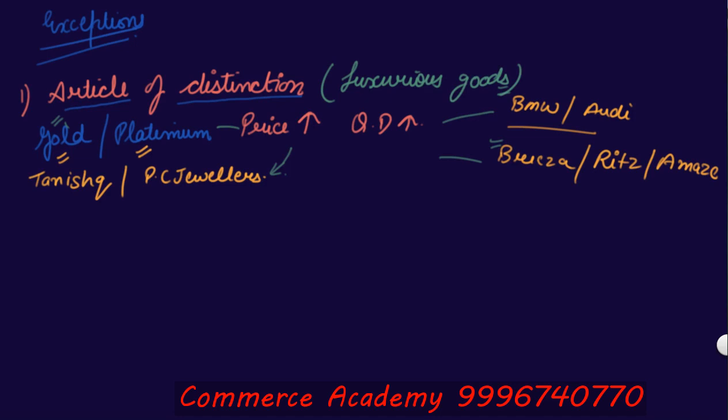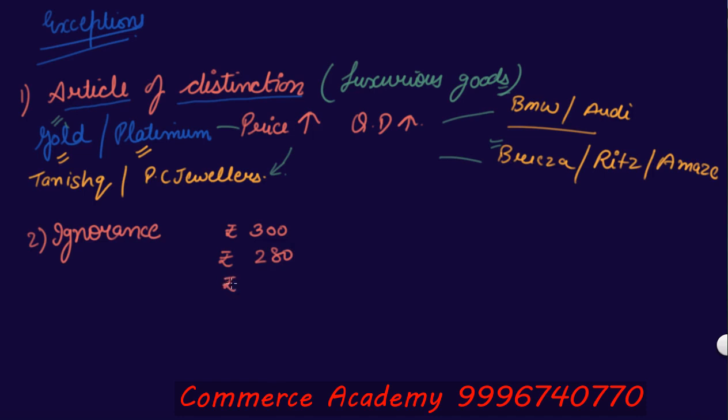The second one which comes is ignorance. What you do sometimes is, if you have different choices, you compare the prices of the product. If one product is costing you 300 rupees, a similar product of some other brand is costing you 280.